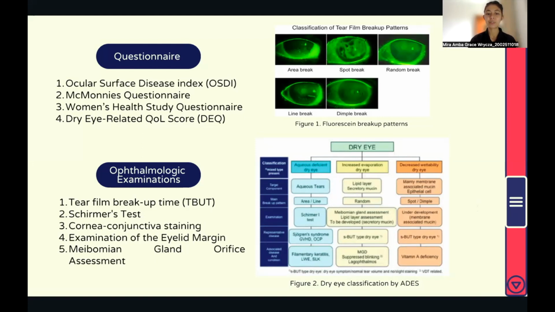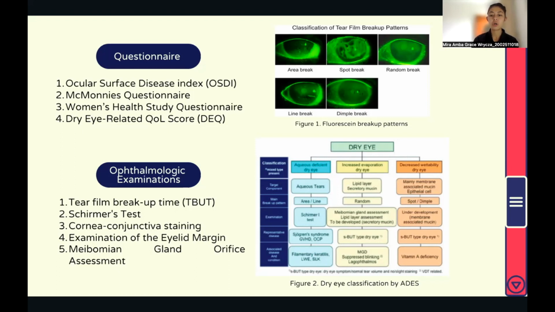A detailed description of the tear film breakup patterns for each type of dry eye syndrome is illustrated in Figure 1. Dry eye caused by aqueous deficiency is often characterized by lines or areas of breakup. Dry eye caused by increased evaporation is often characterized by a random breakup pattern, and dry eye caused by decreased corneal surface wetting presents as spot or dimple break patterns.